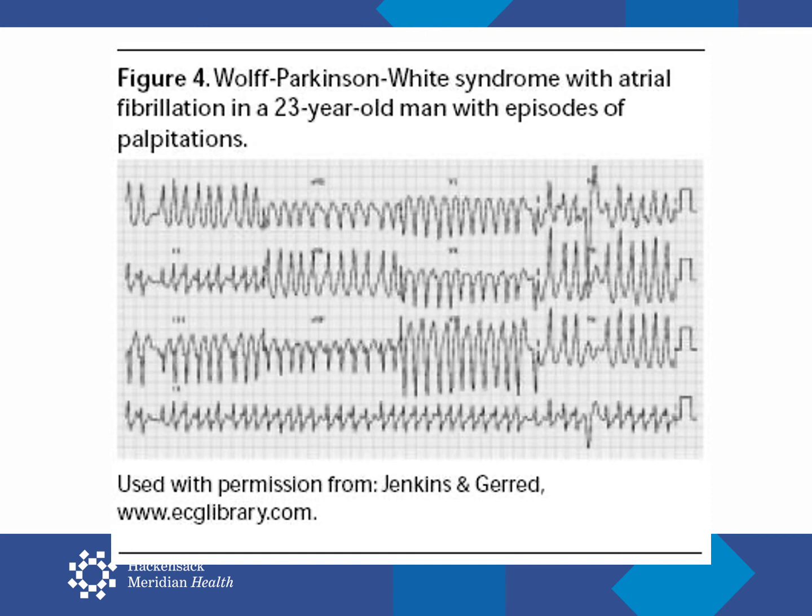So this rhythm, looking like it might be VT, should be treated as you would treat ventricular tachycardia. It's helpful to remember because it looks more like VT, you should treat it more like VT. Procainamide would be your first choice. If the patient is unstable, they should be cardioverted. You should not be using something like diltiazem.